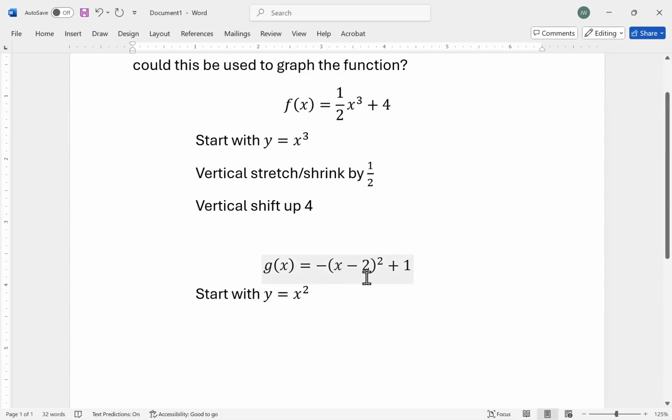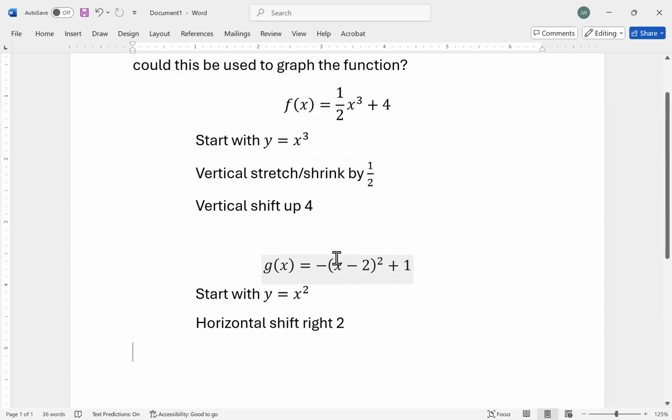X minus 2 is a horizontal shift, and this would be to the right 2 units. I'll just say horizontal shift right 2.